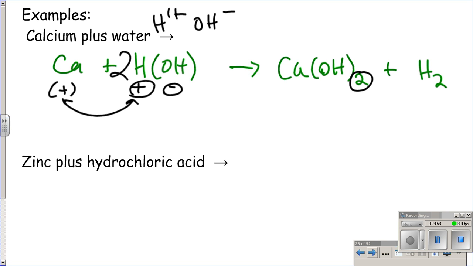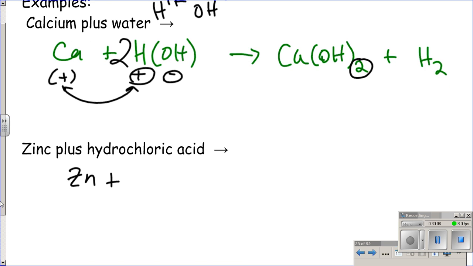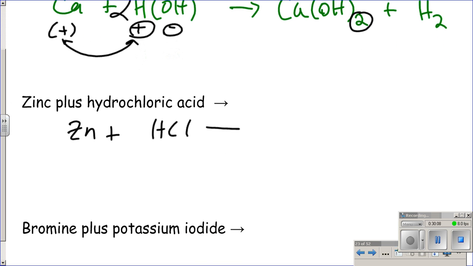All right, next one. Raise your hand. Who wants to do it? All right, Logan. Zinc plus HCl. Zinc will replace hydrogen. Almost, because it's got a 2+ charge, right?